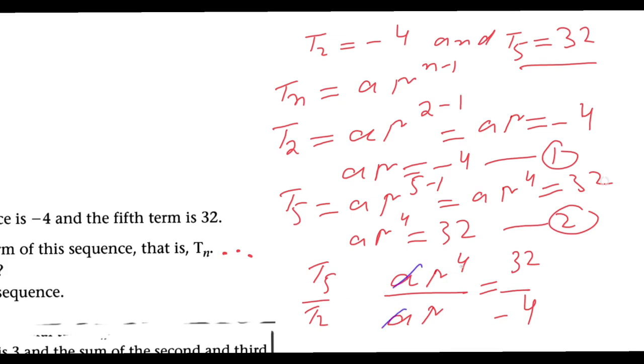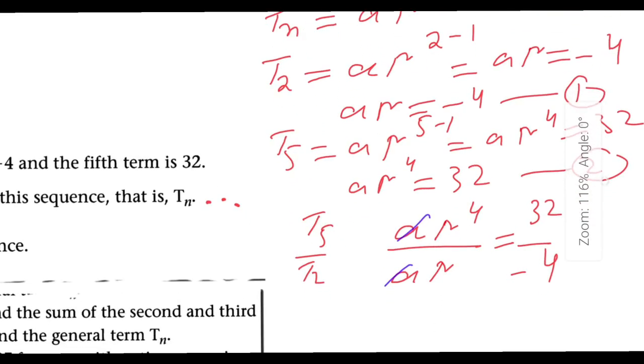So R to the power 4, when I divide by R, the answer is going to be R to the power 3. So R to the power 3 is equal to negative 8.